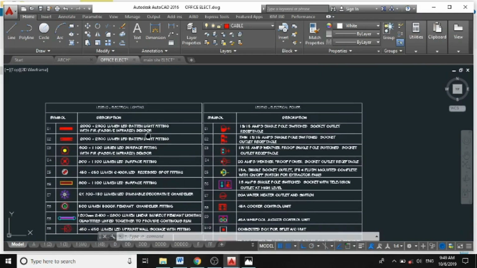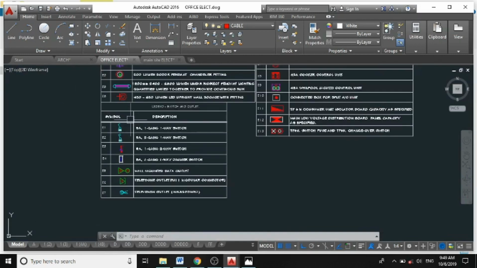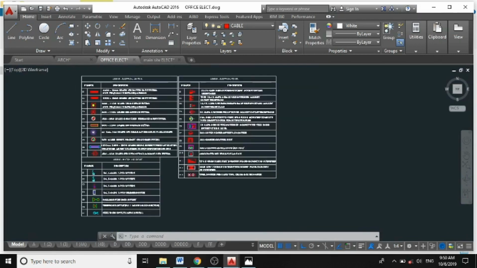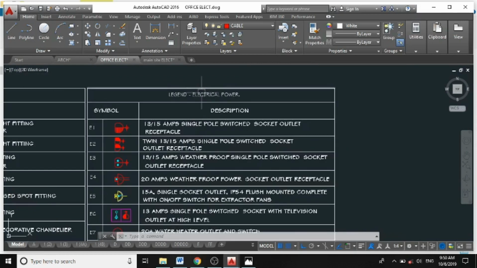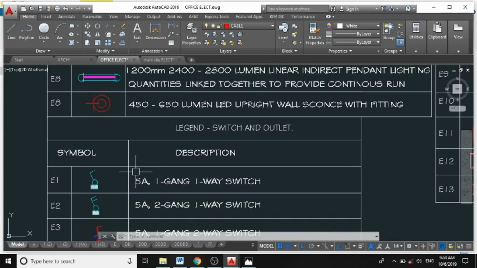As I said earlier, switches fall under electrical lighting design, while sockets fall under electrical power design. And I've also explained that the legend is the first thing electrical supervisors or technicians will look at in your design.